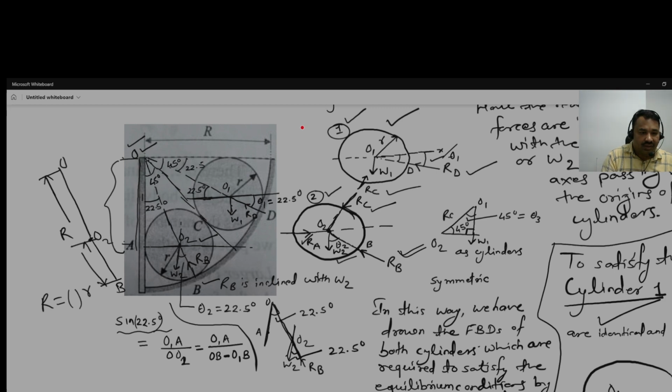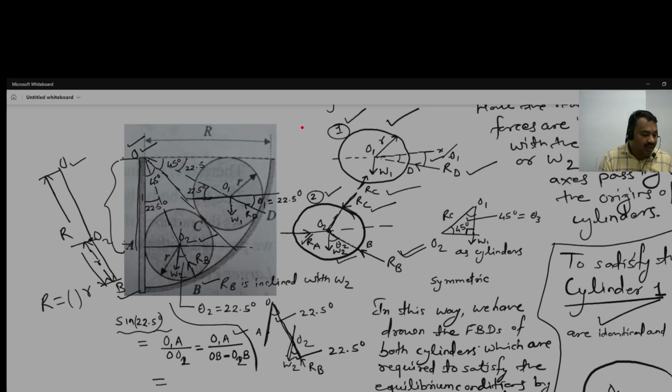From here to here it is r. From here to here it is r. So that's why O1A divided by OB minus O1B, so this is O2B.